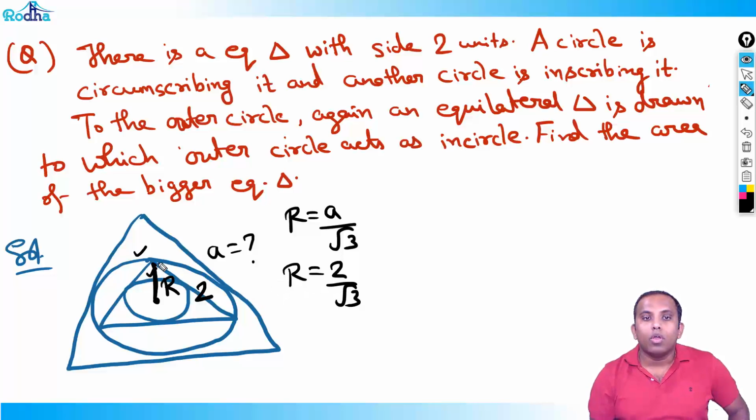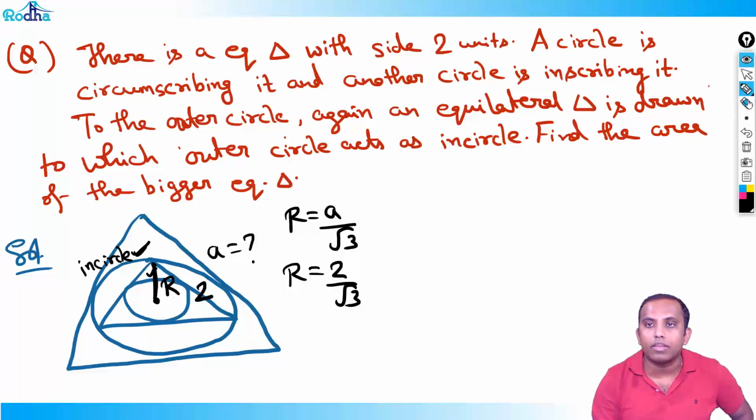Now, again, for this bigger triangle, this circle acts as the in circle. Let's say the side of the bigger triangle is x, not a. The circumradius general formula is a by root 3, and a here is given as 2, so the circumradius becomes 2 by root 3.